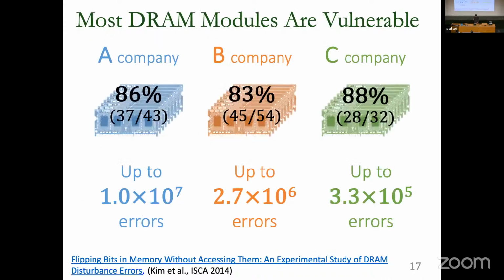The first, or let's say the most important takeaway, is that most DRAM modules are vulnerable. Back then, they tested DRAM modules from all 3 major DRAM manufacturers, and they found that the vast majority, over 80% of the modules, are vulnerable, and they can induce tens of thousands of bitflips in a module.